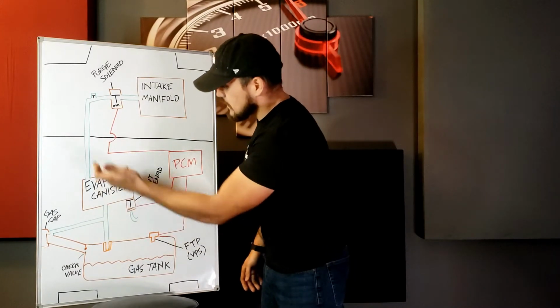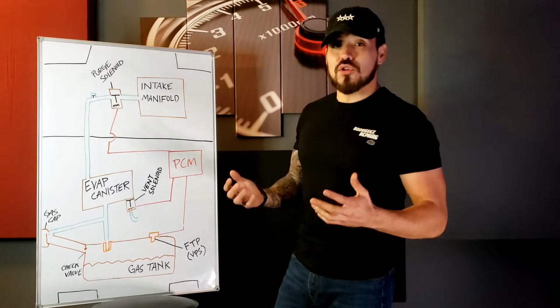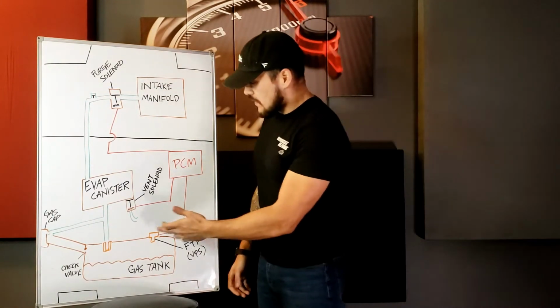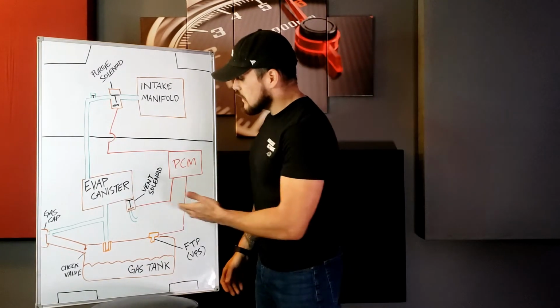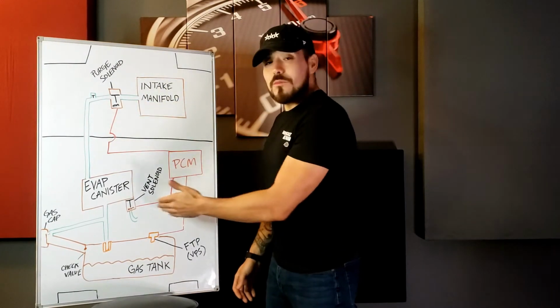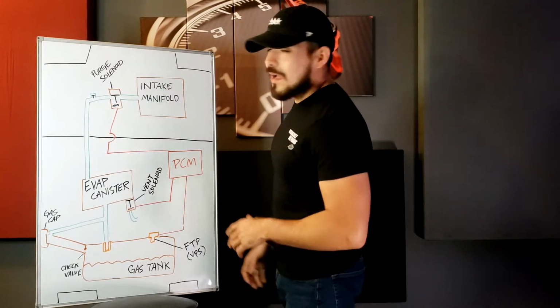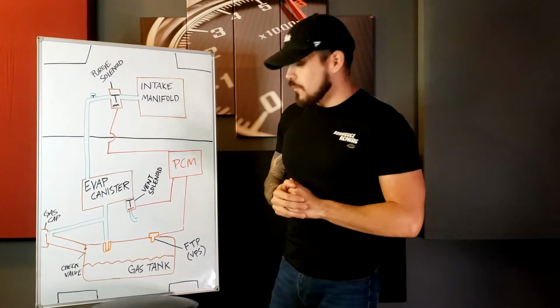So got the lines and hoses there. Anything you see in red is computer control, so the powertrain control module, or the PCM, is sending either ground or power to this individual component. So this would be electrical, okay? And the black, I basically just chose to label the components so you guys can see them a little bit better.